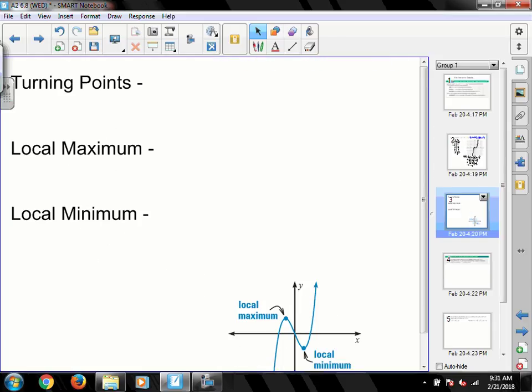Then some vocab for you. First thing we want to talk about, turning points. This is where the graph changes direction.